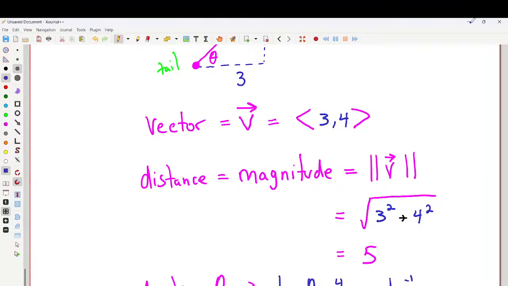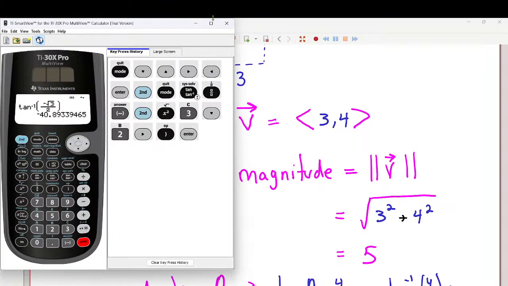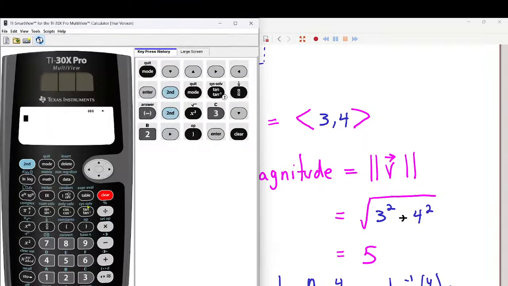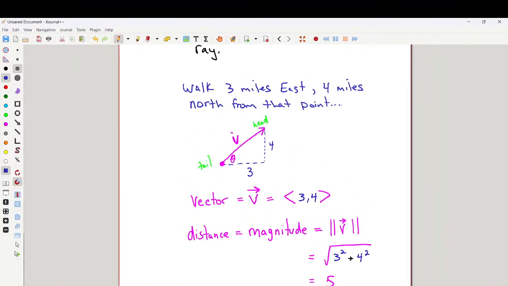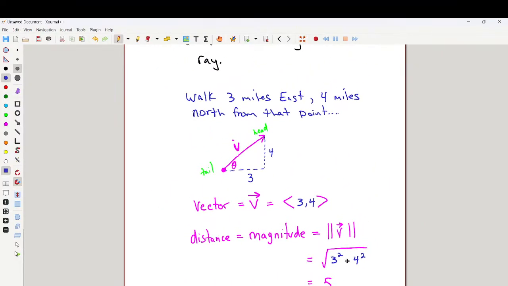So we would need the inverse of that, which is approximately, in degrees, 53.1 degrees. And that's kind of it in a nutshell.